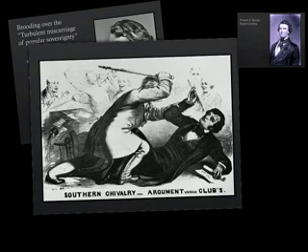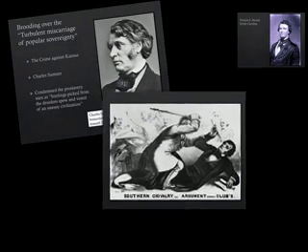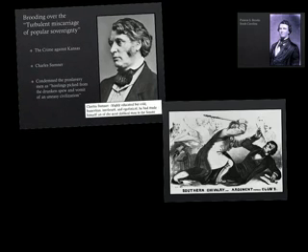The Free Soiler North was mightily aroused against the uncouth and cowardly bully Brooks. So look on page 400, the last paragraph, and on to 401, and read about this beating that occurred in the United States Senate.